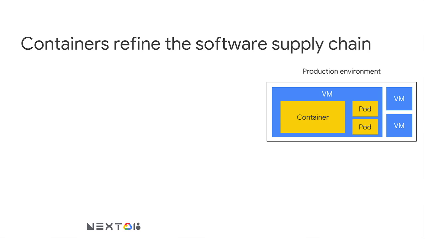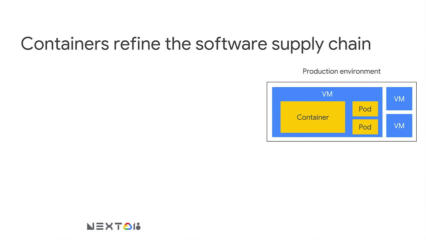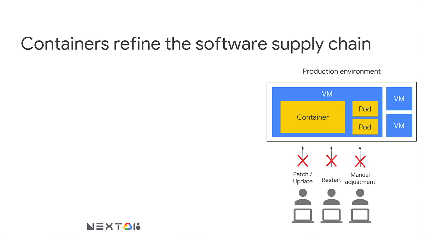So you may think that, well, that is legacy software for you. I plan to update all of my production infrastructure to use containers. I am good, right? Let's take a look. So this user has a container running in production. It is true that containers refine the software supply chain.